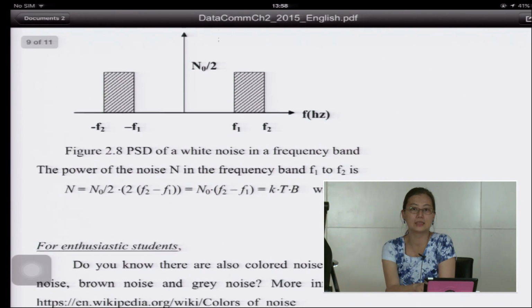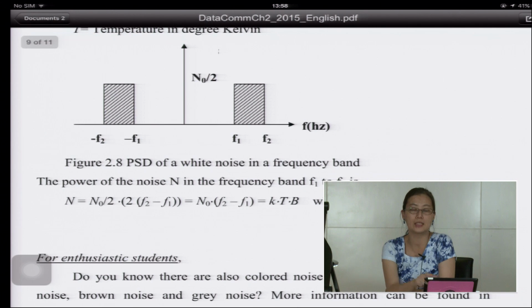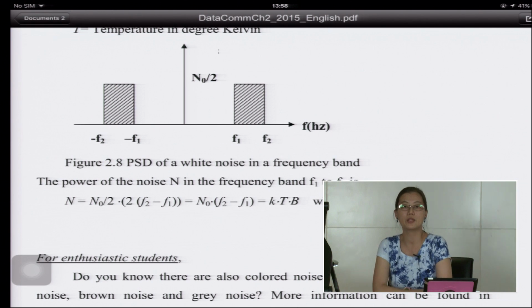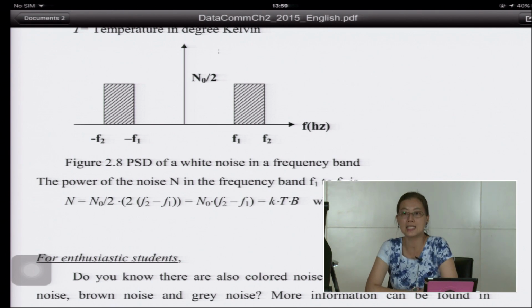When you look at this, if you want to find the noise spectrum, because when you send a signal, you send in some bandwidth. You are not sending for all frequencies. You will send from, for example, 1 megahertz to 2 megahertz. So you have a bandwidth of 1 megahertz from F1 to F2.